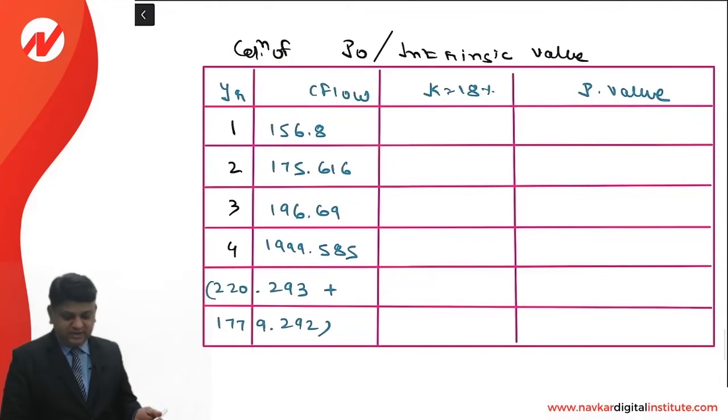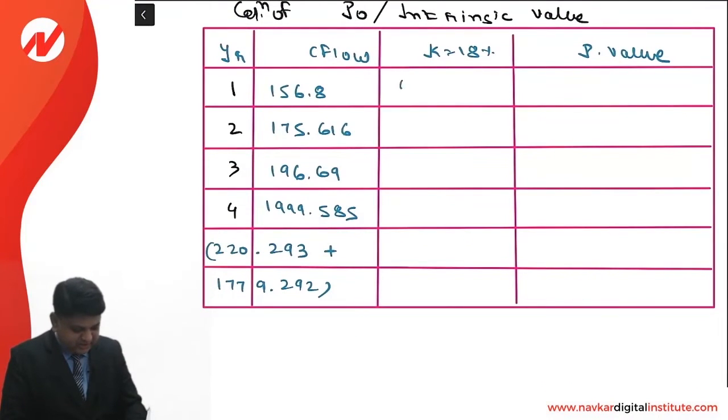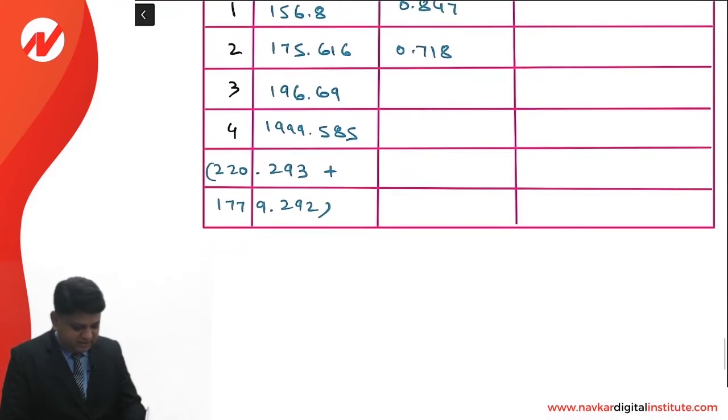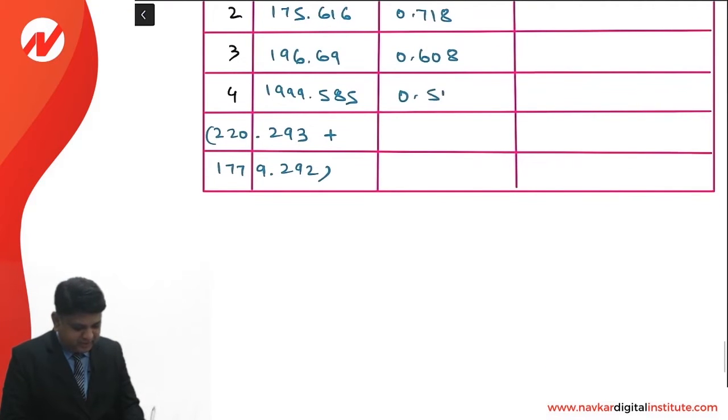Now discounting, that's very simple. First year factor is 0.847, second year it is 0.718, third year it is 0.608, fourth year it is 0.515.